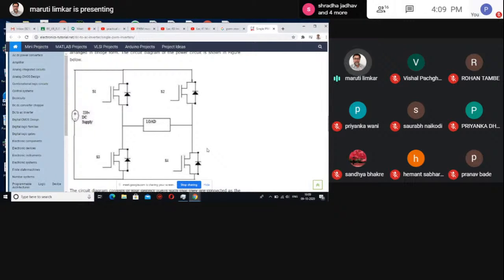So first we'll see the theory of the PWM inverter. For this, I will run one video on the PWM inverter, and after that we'll see how to perform the practical of the PWM inverter by using Multisim.